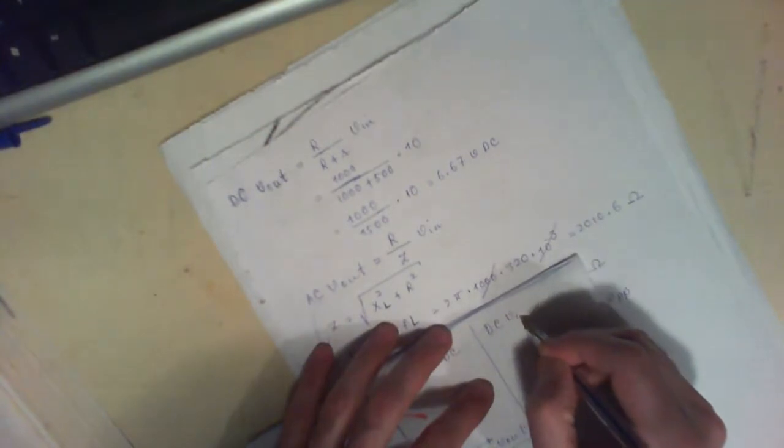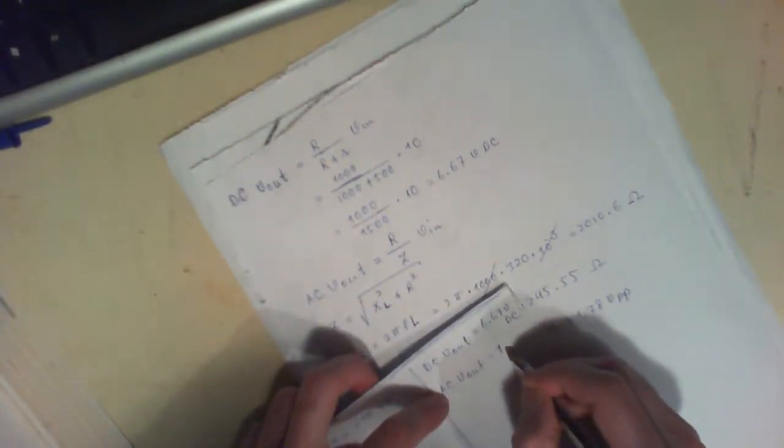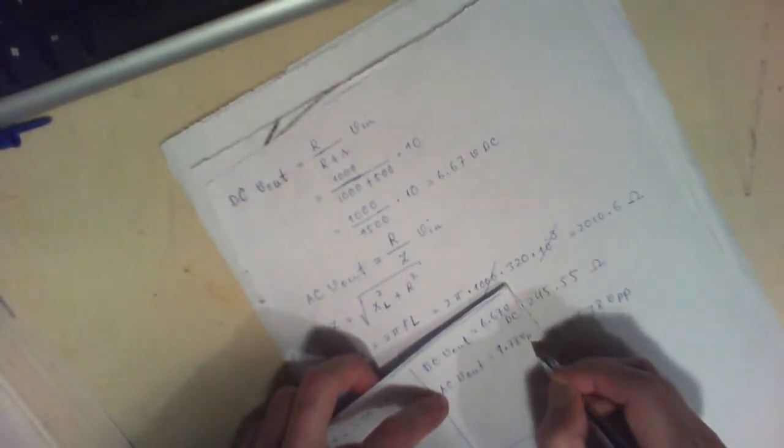And now that you have all of these values, the output waveform of this circuit is going to be something like this, meaning that you would have your DC offset, your DC V out is equal to 6.67 volts DC, and your AC V of out is equal to 1.78 volts peak to peak.